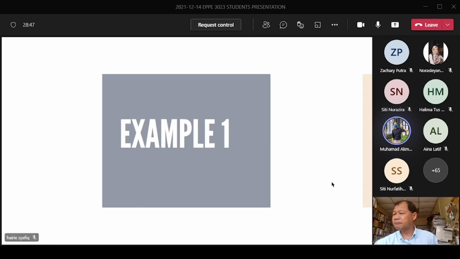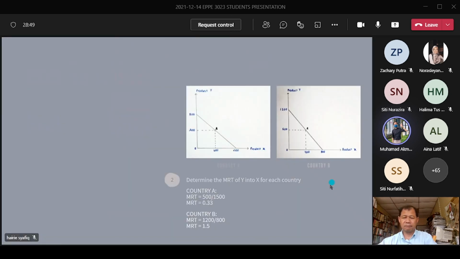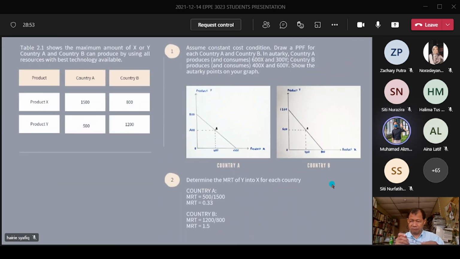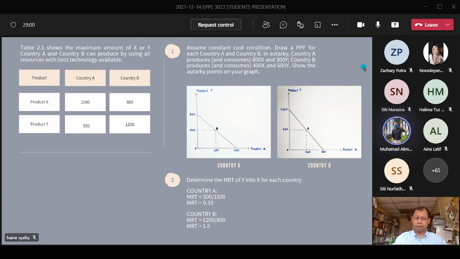So let's look at the first example. Table 2.1 shows the maximum amount of X or Y that country A and country B can produce by using all the resources with the best technology available.